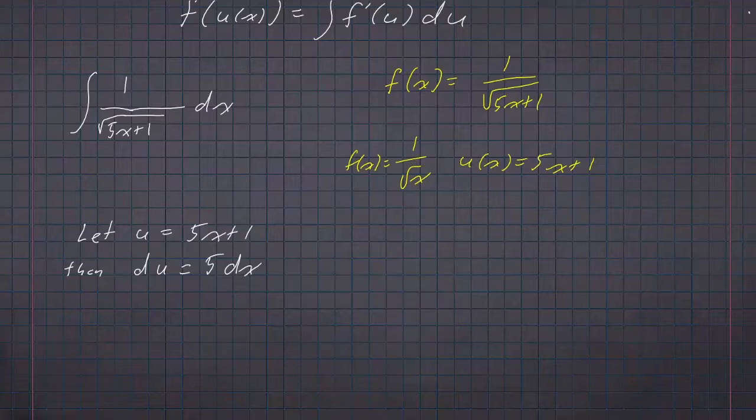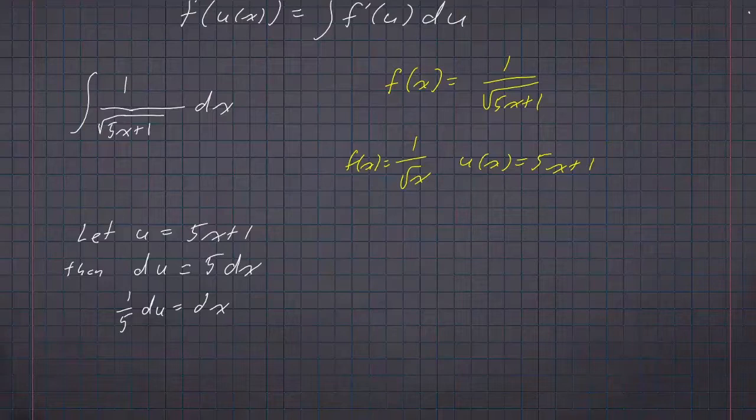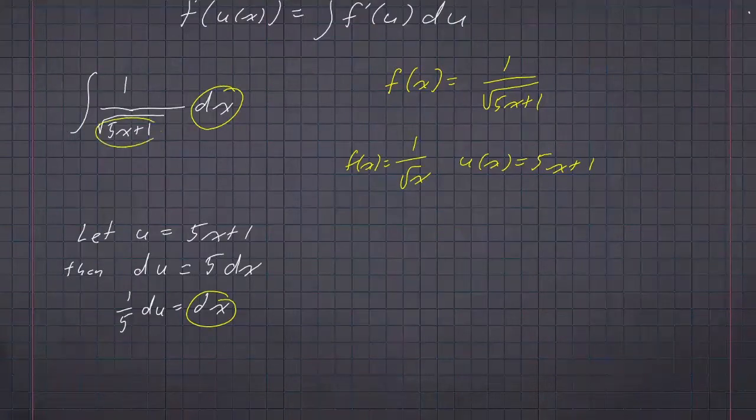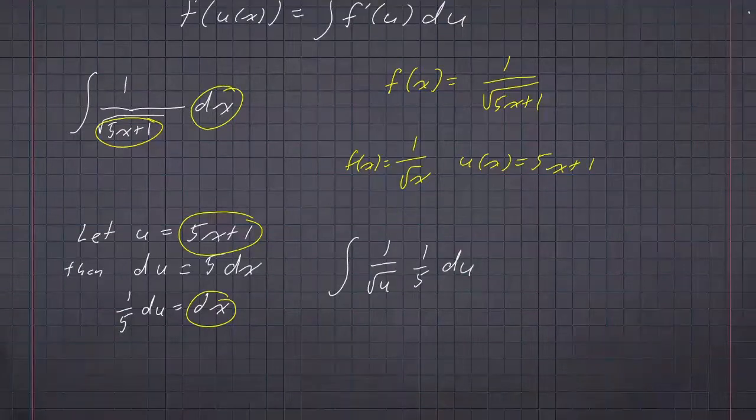Rearranging that second part, if du is 5 dx, then 1/5 du is equal to dx. And in our integrand, we're going to replace dx with what it means here, and we're going to replace 5x plus 1 with what it means here. And this substitution turns our integral into the integral of 1 over the square root of u times 1/5 times du.